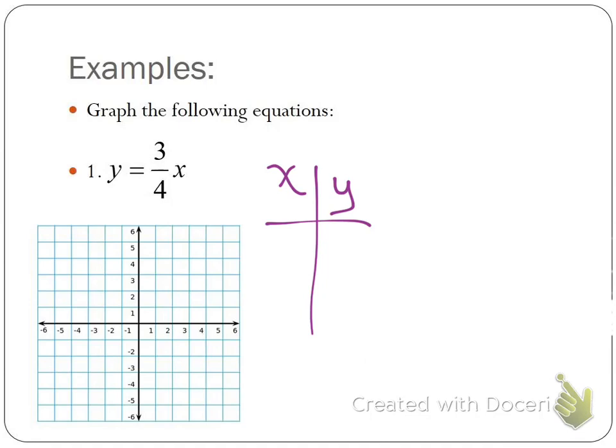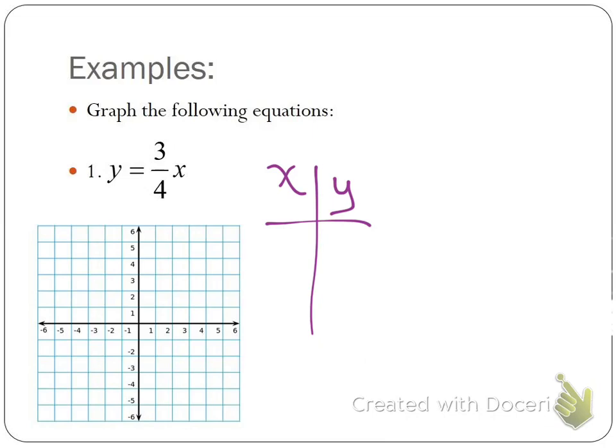On a lot of problems, it doesn't really matter what you pick for X and Y. But if you see X being multiplied by a fraction, the easiest values to pick are going to be the denominator and the opposite of the denominator.